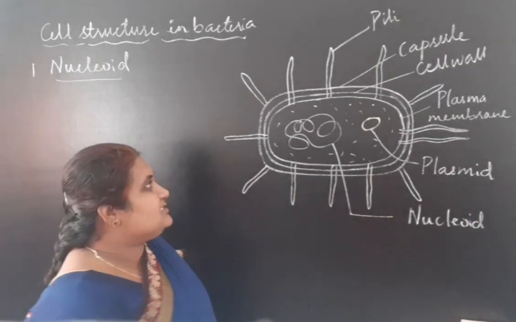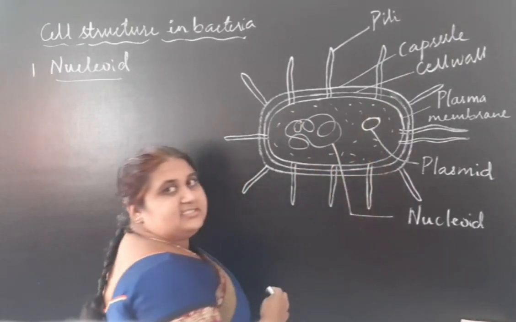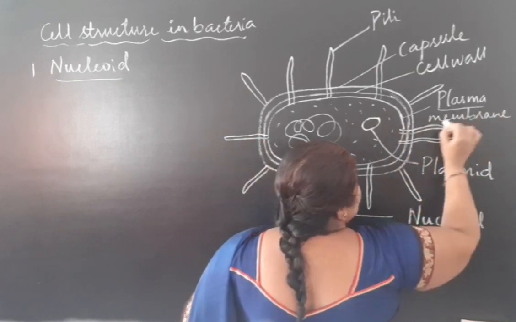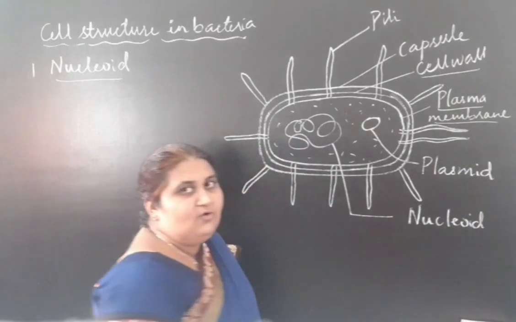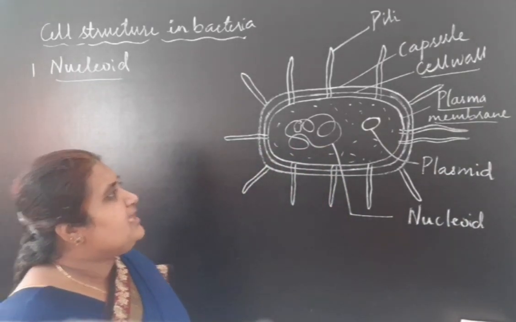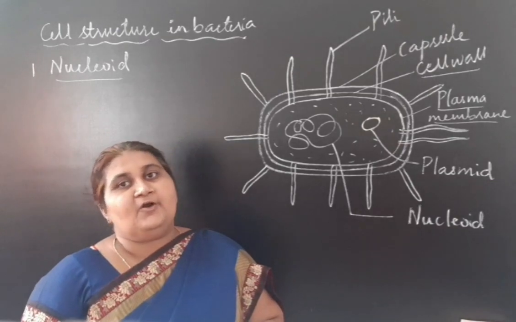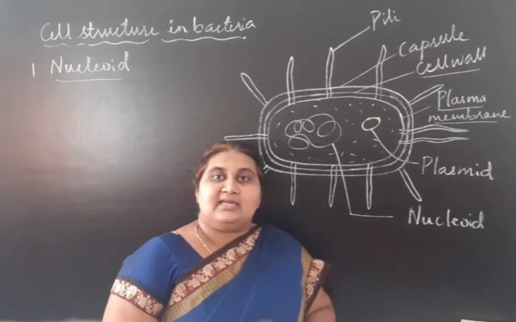A bacterial cell is made up of cell wall externally to the cell membrane or plasma membrane. So there is a presence of cell wall. Cell wall is made up of peptidoglycan.